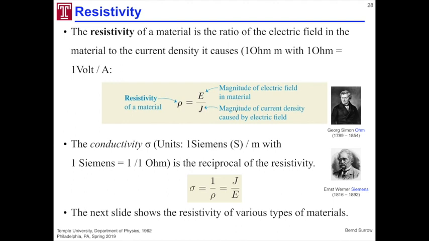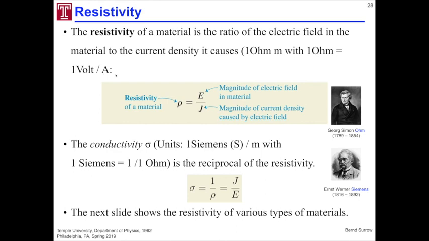That ratio is called the resistivity of a material. The unit of that quantity is 1 volt per ampere, and you also refer to this as 1 ohm. Sorry, 1 ohm meter, whereas 1 ohm is 1 volt per ampere.